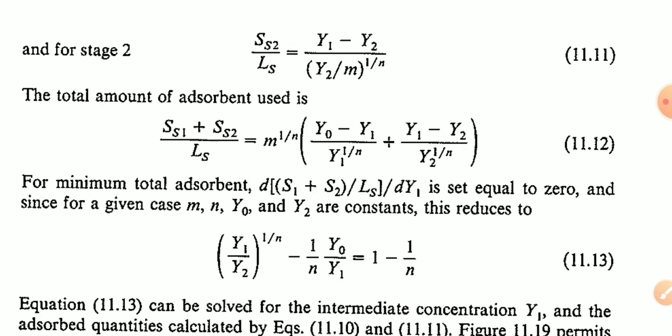For a minimum total adsorbent, d of (S1 plus S2) by Ls by dy1 is set equal to 0, and since for a given case m, y0 and y2 are constant, this reduces to (y1 by y2) raised to 1 by n minus 1 by n times (y0 by y1) is equal to 1 minus 1 by n.